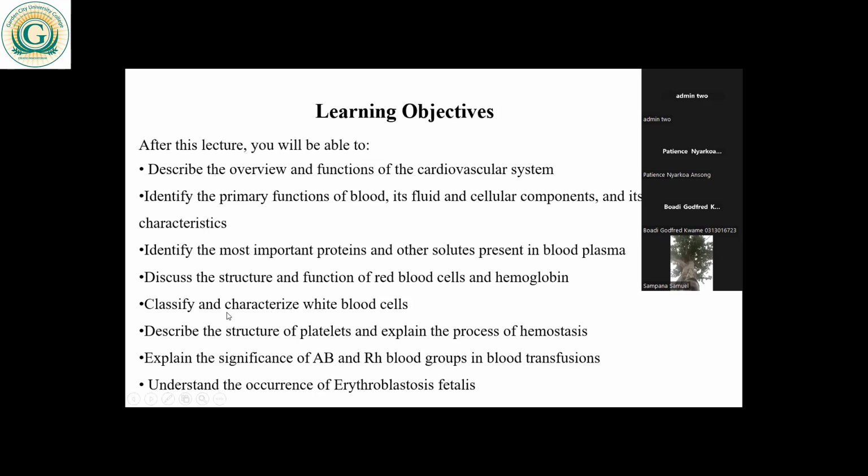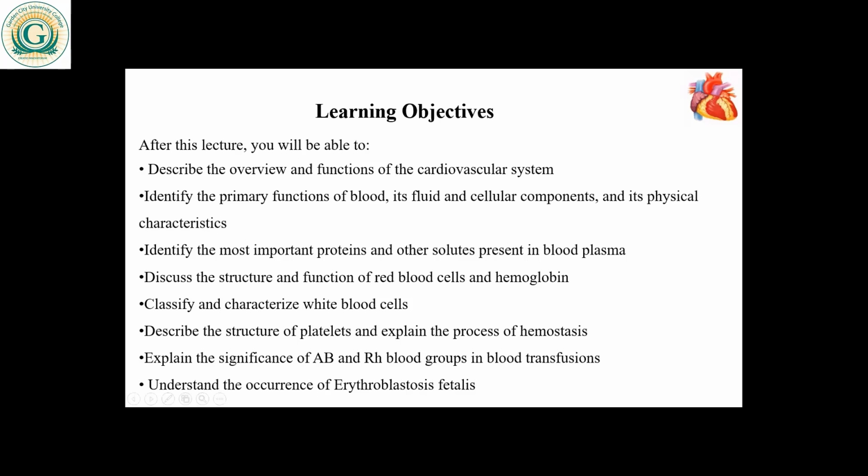Then we'll also look at the functions of the cellular components of the blood. Talk about red blood cells, white blood cells, platelets. We look at hemoglobin and its function and why it's very important. Then we also classify white blood cells and their unique functions.